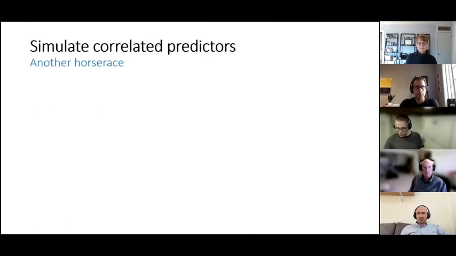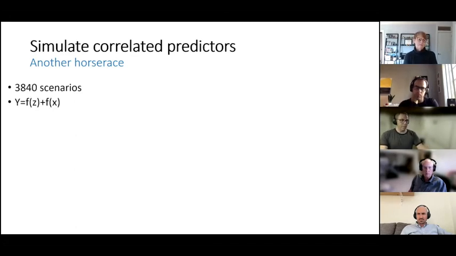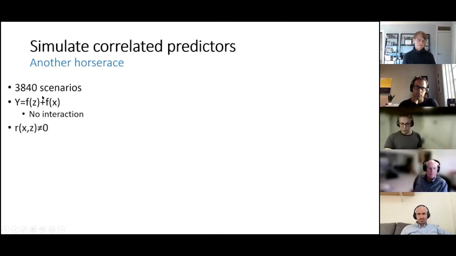I'm a little bit tight on time, but okay. So I generated 3,840 scenarios. What do I mean by scenarios? I'm going to generate data that's not linear, that depends on these two factors. There's no interaction, right? It's just X and Z separately. And they're going to be correlated.